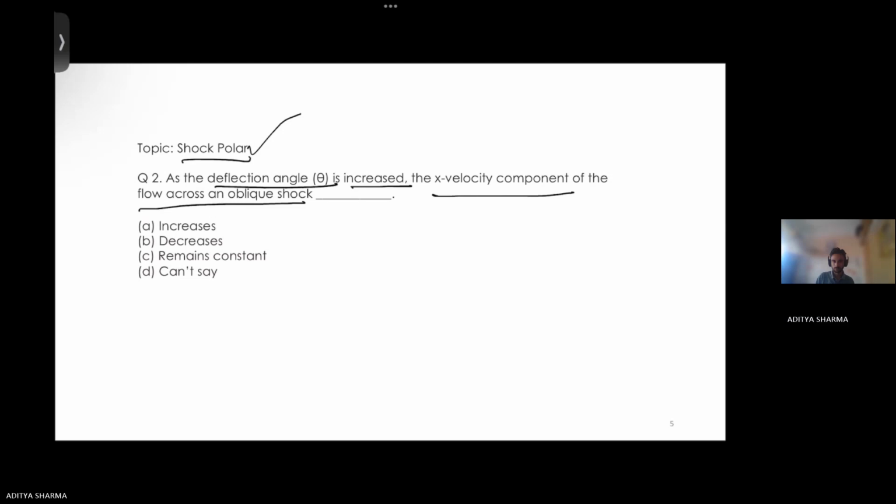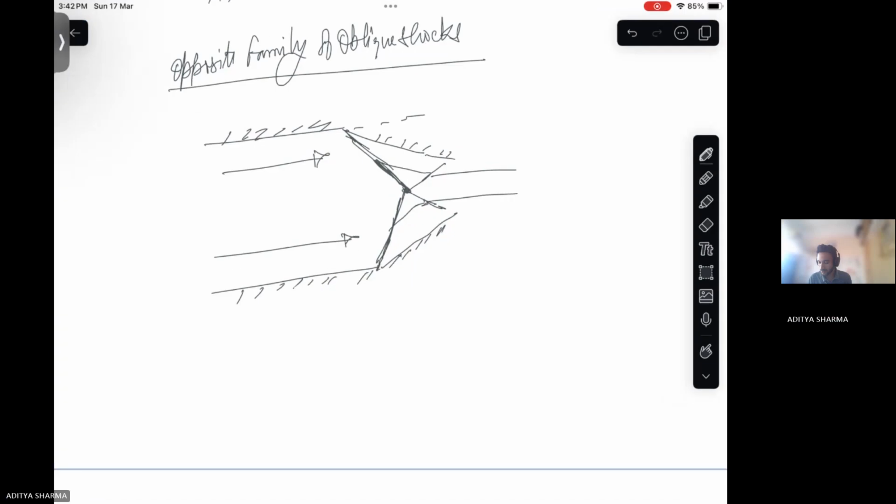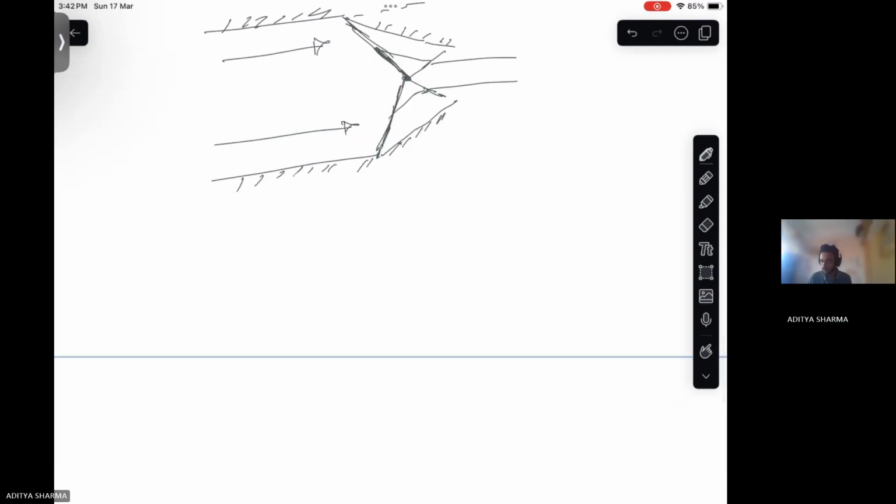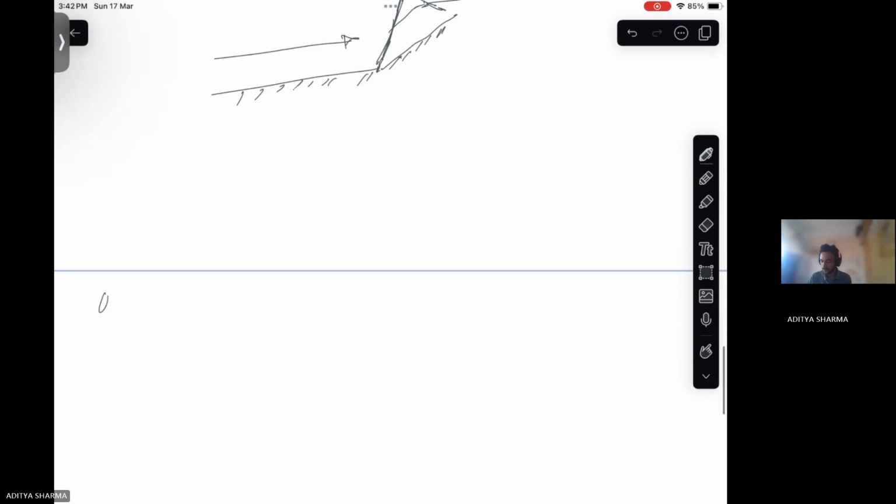You can draw a shock polar and answer it.